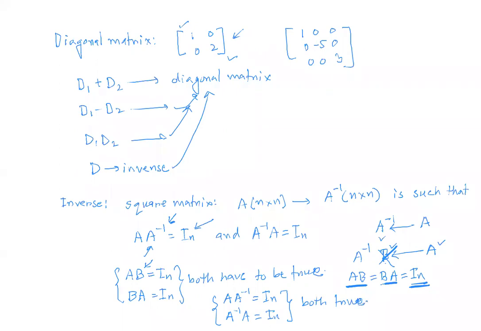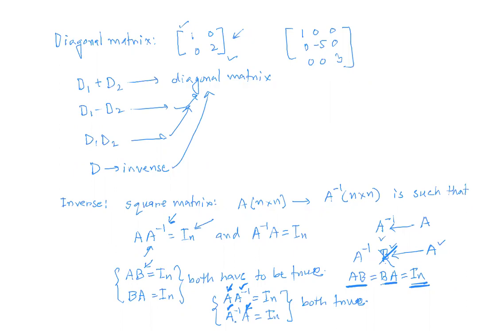If both of these conditions are true for two matrices, then we call these matrices inverses of each other. A inverse is the inverse of A, or A is the inverse of A inverse.